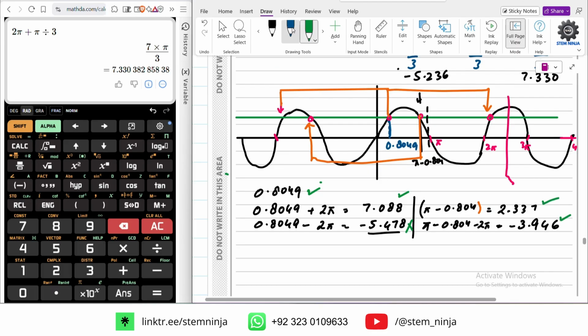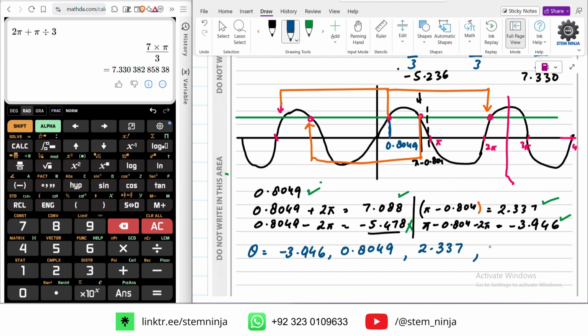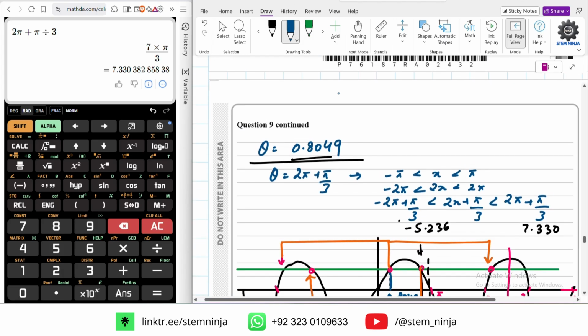Okay, so the theta values we have are therefore, let's go from left to right: minus 3.946, 0.8049, 2.337, and then 7.088.